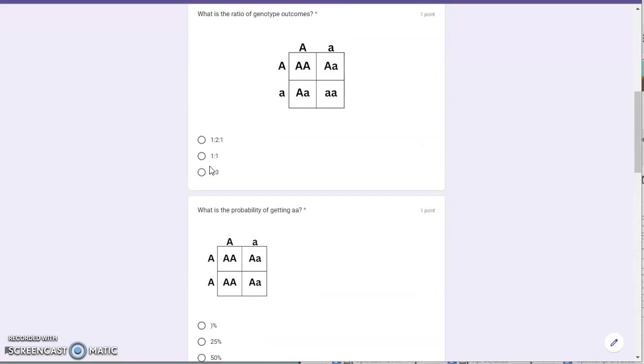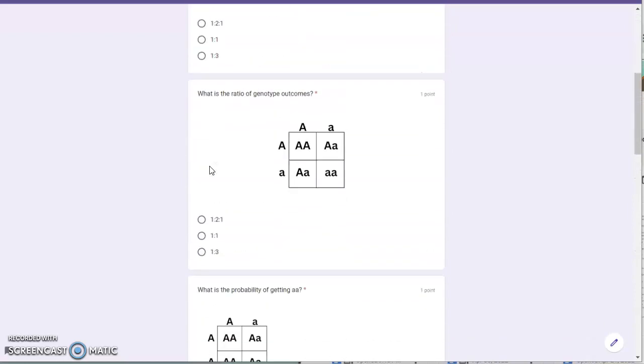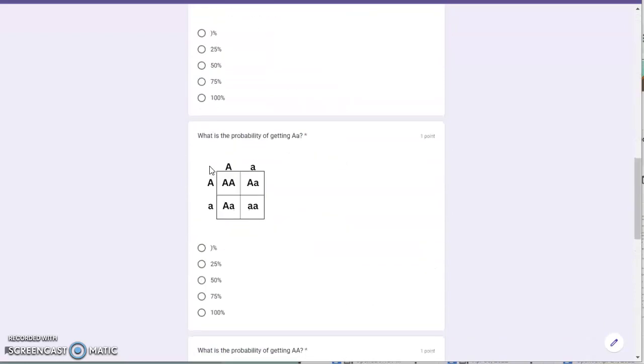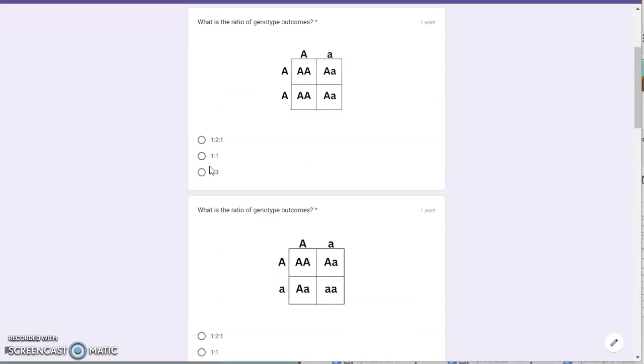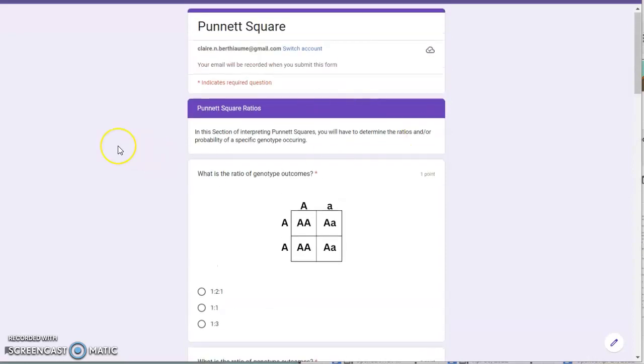There are 1, 2, 3, 4, 5, 6 questions where you have to determine the ratio and the probability of a specific genotype occurring.